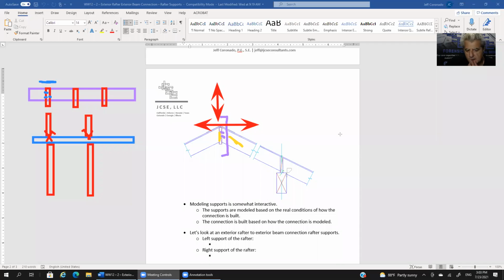You know what? I just took another look at this, and I'm going to backtrack on that. I'm going to say no. Yes, we do have vertical resistance for this rafter, but horizontally, let's think about this. If I were to push on this rafter from right to left, do I have resistance?